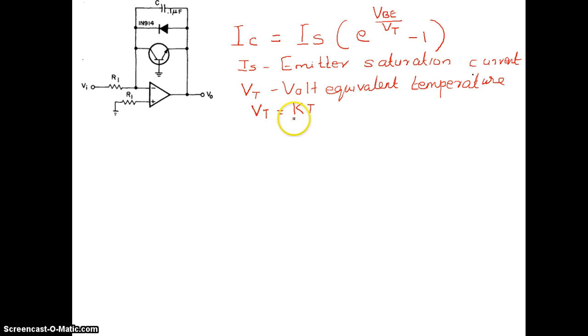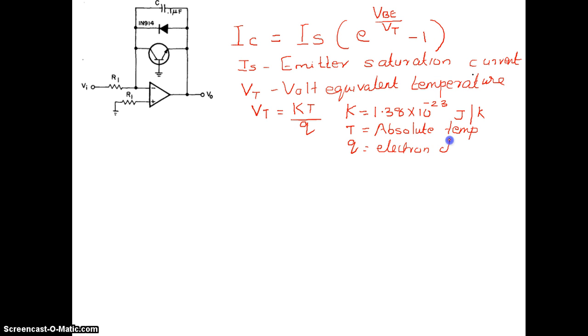K is the Boltzmann's constant, with a value of 1.38 into 10 to the power minus 23 joule per Kelvin, T is the absolute temperature, and Q is the electronic charge.